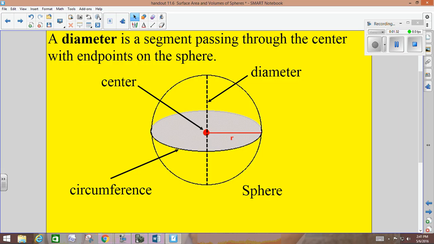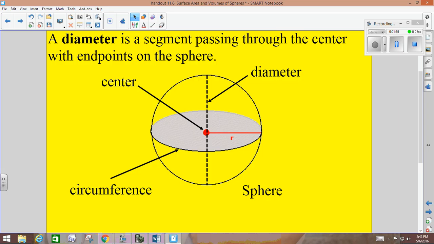Circumference would be the distance around the sphere, or around the ball. If I were to measure the circumference of Bree's head, if the string was long enough, I would wrap it around, then take it off and make a shape. What shape would her head make? Most likely a circle.